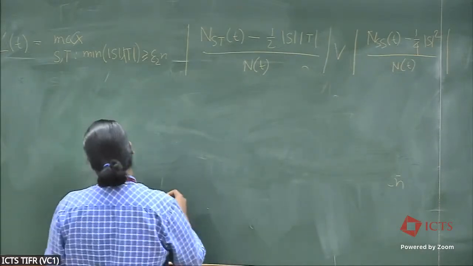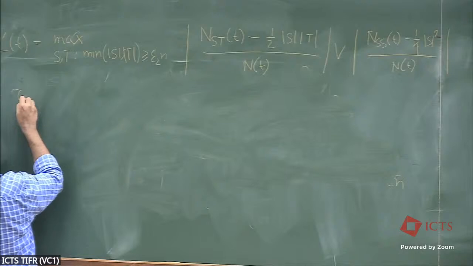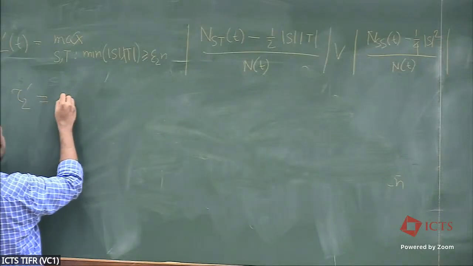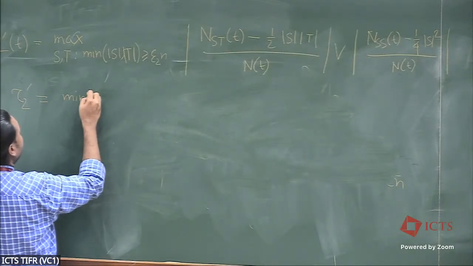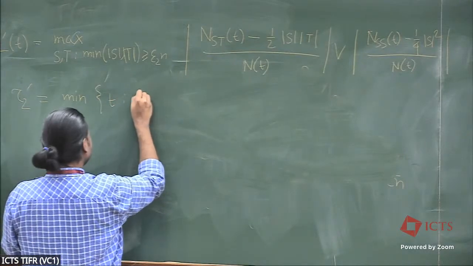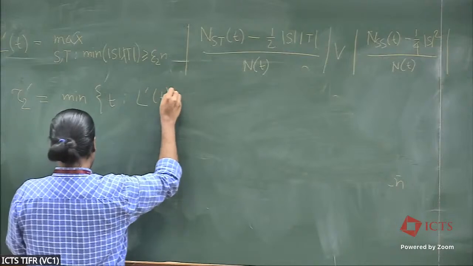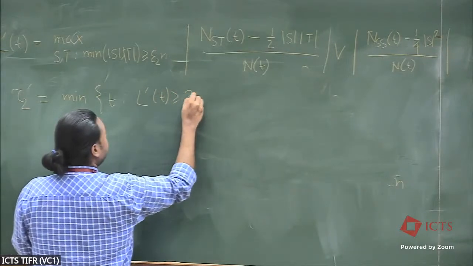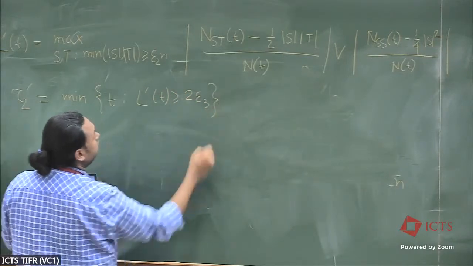Now define tau 2 prime as the minimum over t such that L prime t is bigger than or equal to 2 epsilon 3.